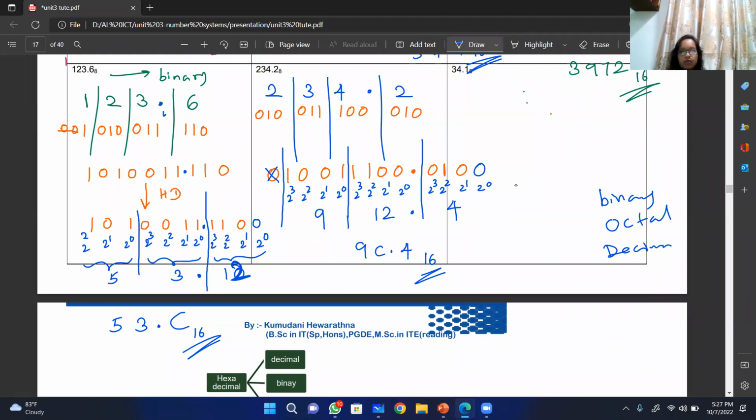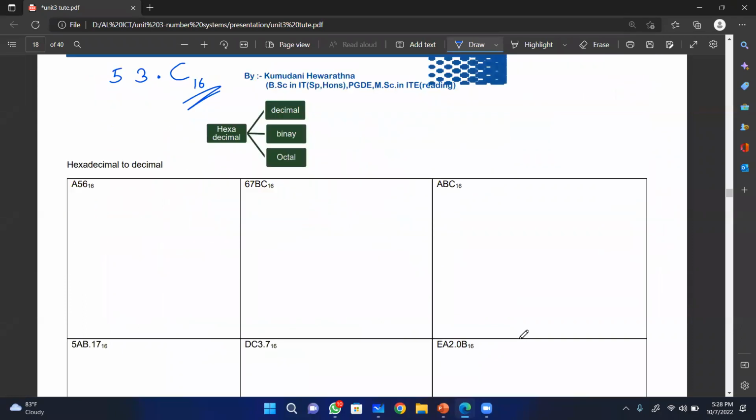So first we'll see how to convert hexadecimal into decimal, I think, in the tute. Did you take this answer, all of you? Yes, teacher. Right. Then we'll move on to the next part, how to convert the hexadecimal part: hexadecimal to decimal, hexadecimal to binary, and then octal.